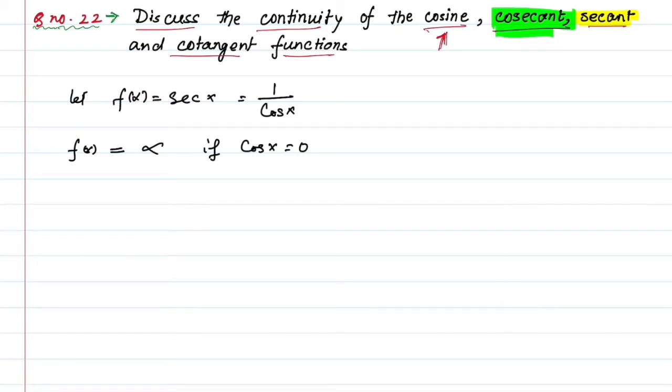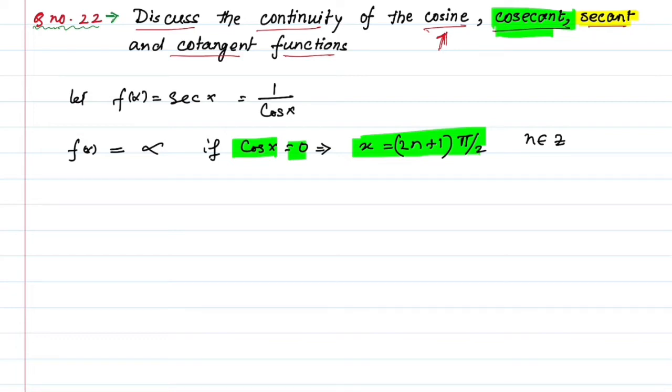And we know this implies that x is equal to twice n plus 1 pi by 2, where n belongs to Z. That means at these points of x, cos x is 0.